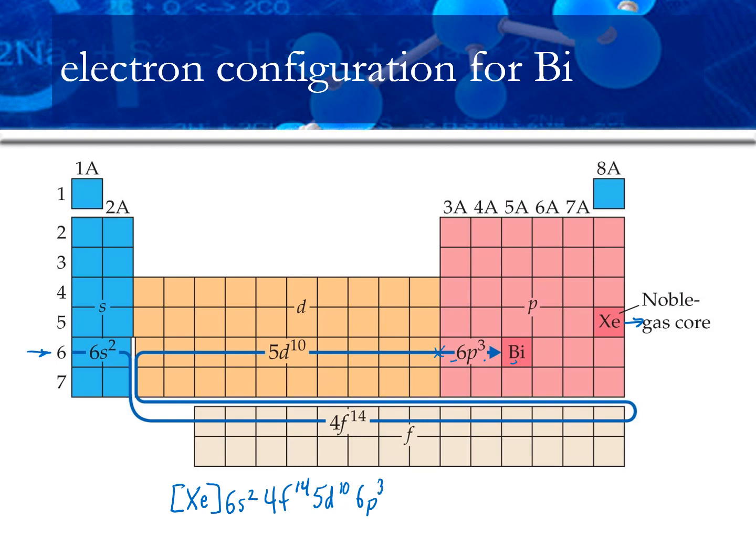And once again, we have an electron configuration. I've never counted the number of electrons. I didn't have to write an Aufbau diagram. I'm literally just reading it off the periodic table.